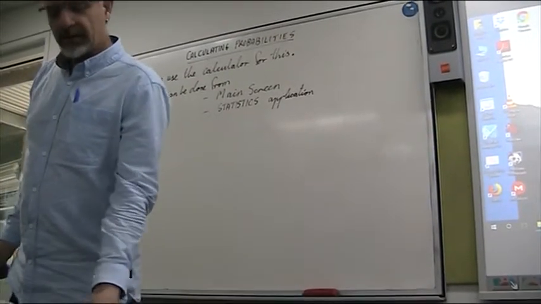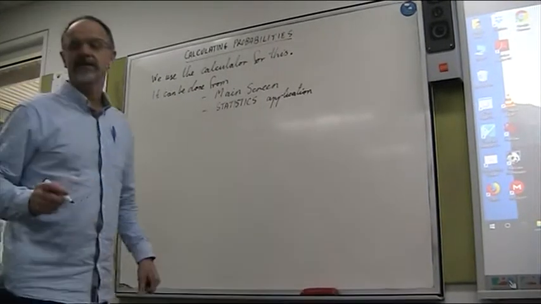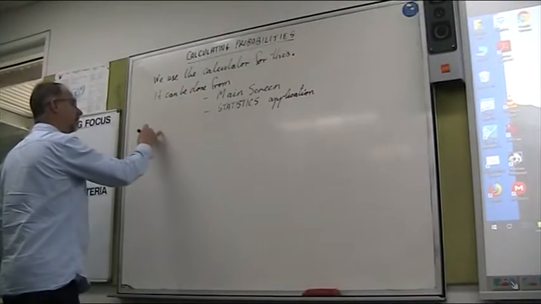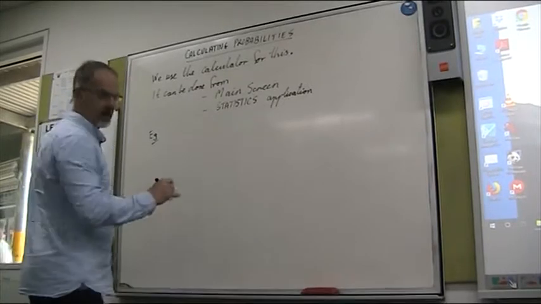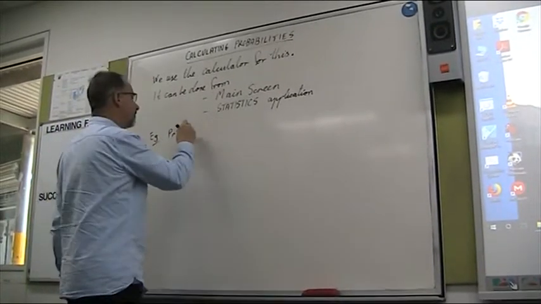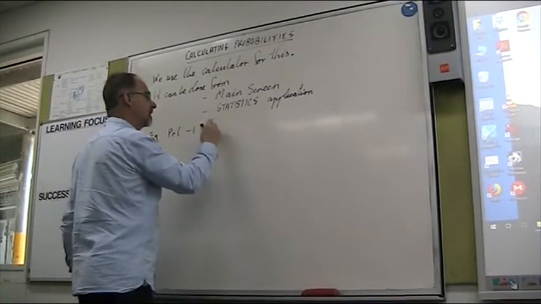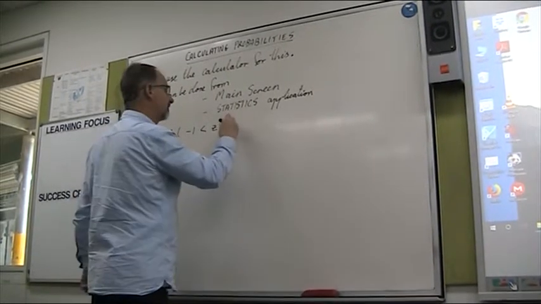All right, so let's have a look at an example. For example, we're asked to find the probability that -1 is less than z is less than 2.5.